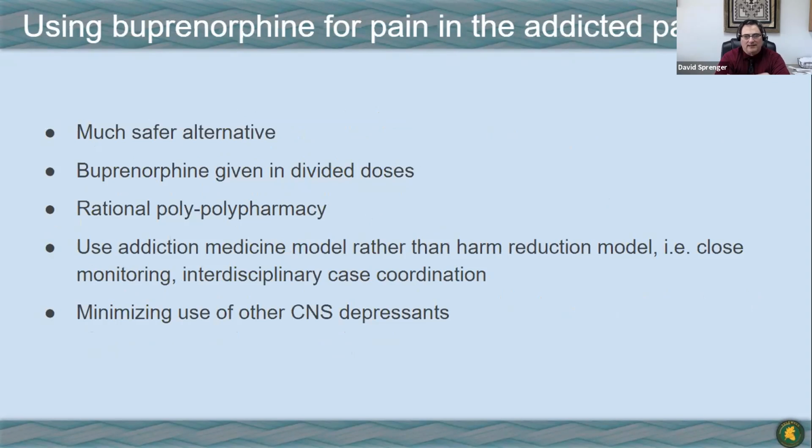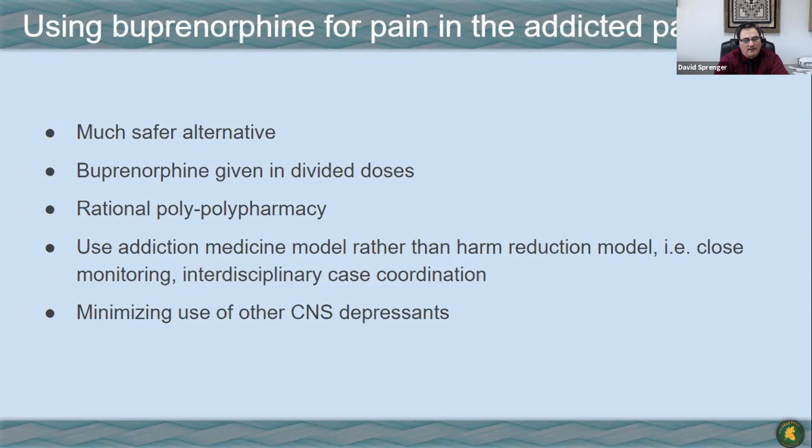So that's the rationale for giving it in divided doses. Even though the half-life is long, it seems that the part of the pharmacokinetic curve associated with that upslope is the part that gives the pain relief.